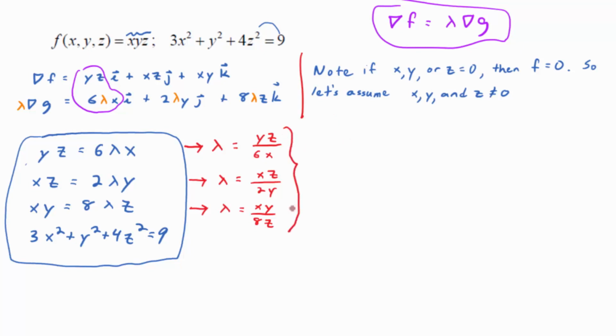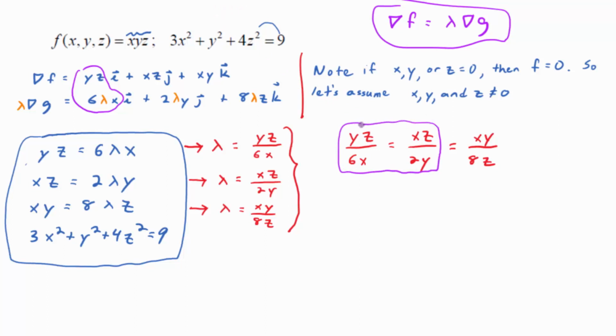Okay, since all of these things are equal to lambda, the right sides are equal, right? So we get yz over 6x is equal to xz over 2y is equal to xy over 8z. So if we just take two at a time, what can we say?